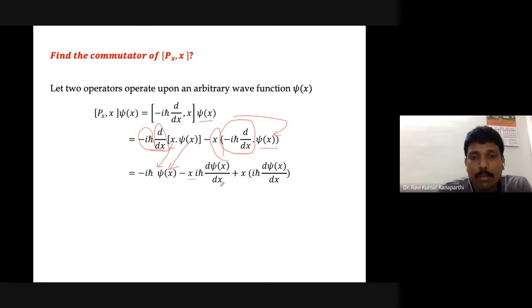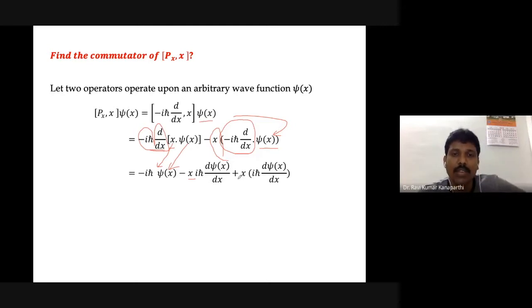Therefore, it is nothing but dψ/dx. From here, you can notice there is a minus sign outside and a minus sign inside. So both get cancelled out, and it becomes a positive quantity. What you get is x multiplied by iħ ∂ψ(x)/∂x.